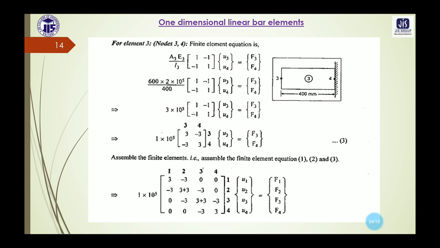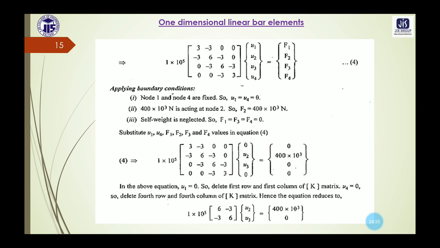So we will get the equation as 10 to the power 5 multiplied by a 4 by 4 matrix, which is the assemblage of the equations number 1, 2 and 3, multiplied by the nodal displacement matrix of U1, U2, U3 and U4. This is equal to the global force vector of F1, F2, F3 and F4. So this is our equation number 4, which you can see here.